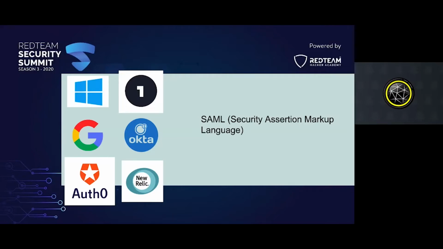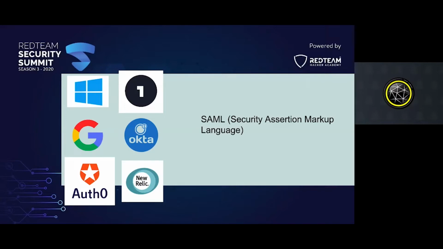OneLogin is one of them, New Relic is one of them, and even Google has its own SAML implementation as well. So there are a lot of services that can be used to authenticate a particular system, or to set up an authentication mechanism.